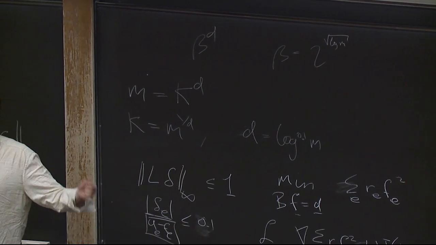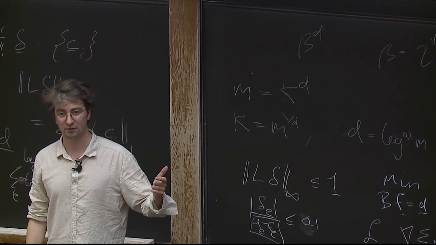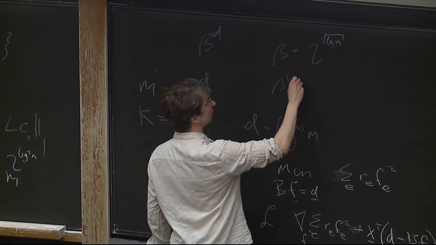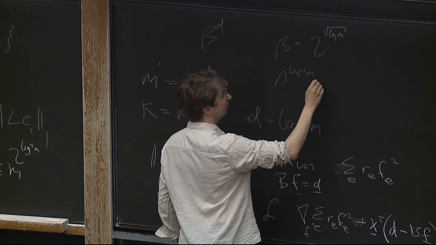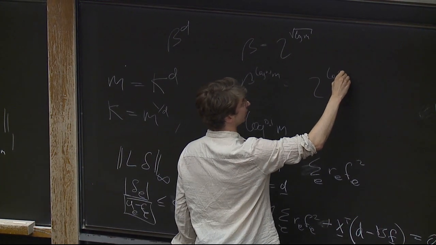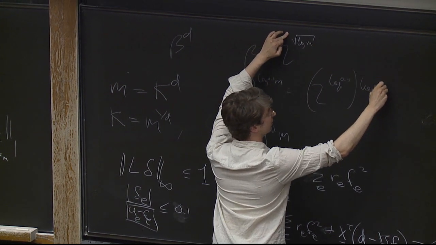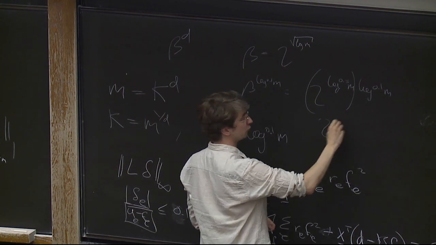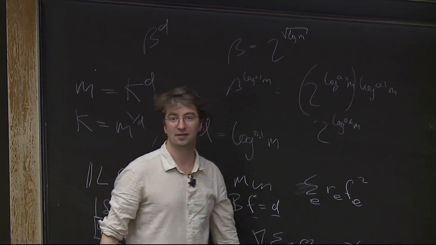That's subpolynomial, but much larger than any polylog factor. Now I raise that to the d: beta to the d is 2 to the log to the 0.5, to the 0.1, of m. And then I just end up with 2 to the log to the 0.6 of m.